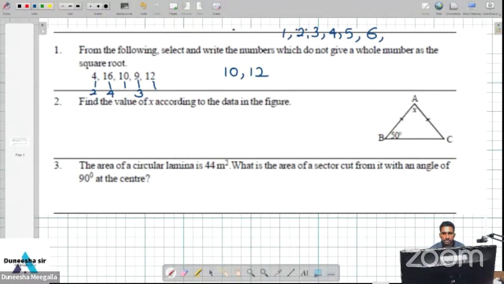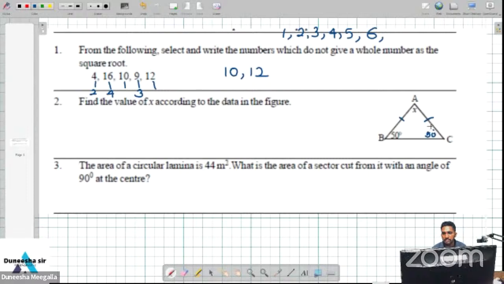Isosceles triangle. Yes, isosceles triangle. What are the properties of the isosceles triangle? Two sides are equal, so we can decide it is an isosceles triangle. The properties of the isosceles triangle: the opposite angles are equal.